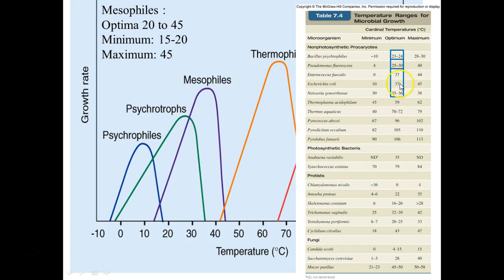And the reason for that is our optimum core body temperature is 37 degrees Celsius. So it makes sense, obviously, that's their optimum as well. Because if it wasn't, they wouldn't survive inside of us, right? We maintain that environment. These guys, it's much cooler, but still within the range of 20 to 45 for optimum.